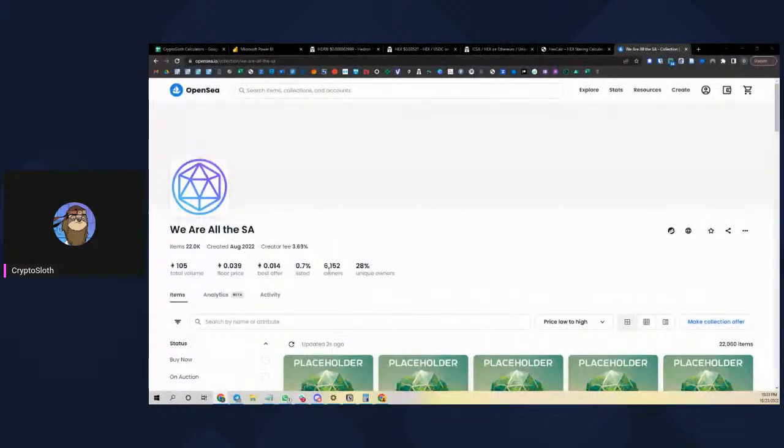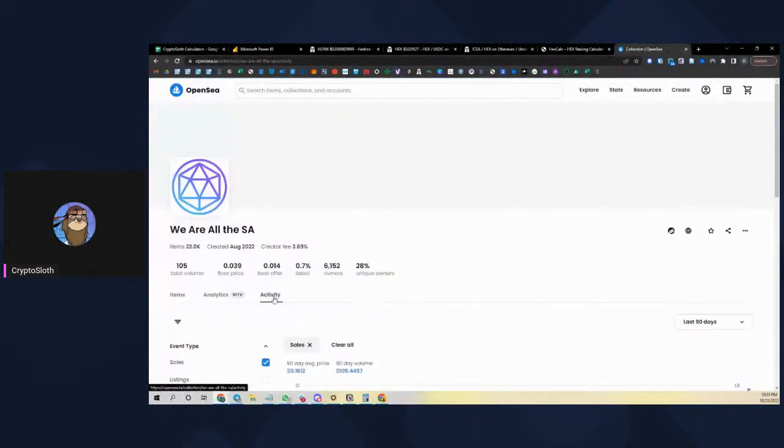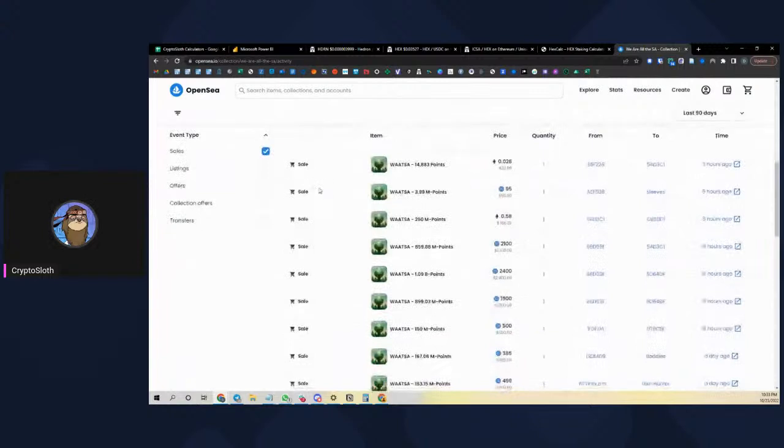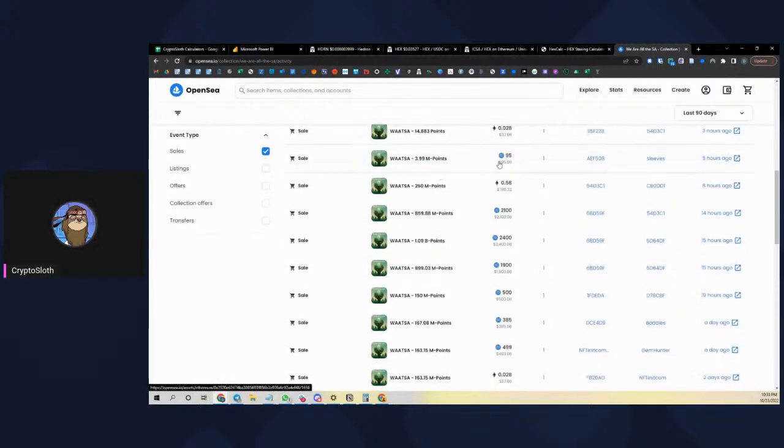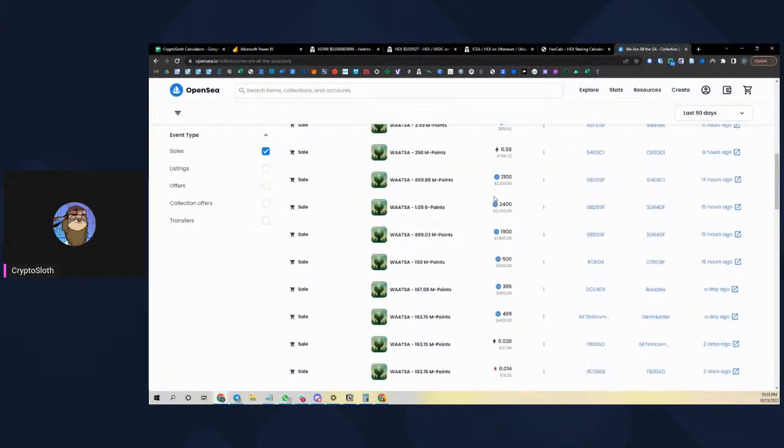All right. So let's go to volume activity. And if you see, oh my God, this is crazy. So 14,883 points. And if you keep in mind that a million points is $1 worth of minting, this went for $37. So fractions of a penny went for $37. This $4 one went for 95. $250 one went for 786. This $850 one went for $2,000.